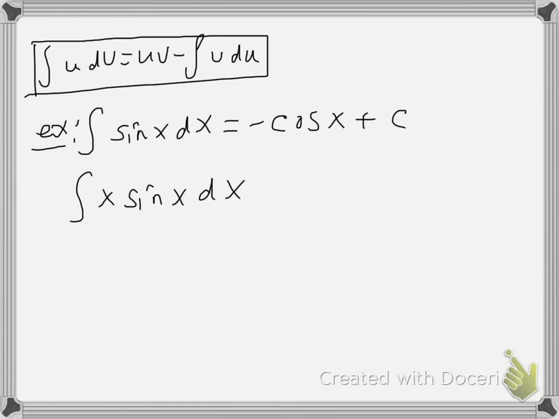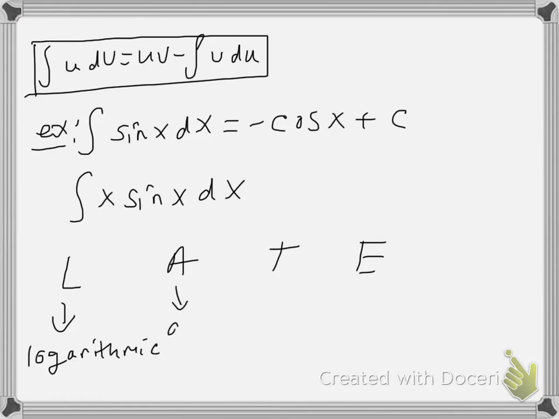Now sometimes it's kind of tricky to figure out what should be your u and what should be dv. But if you remember this, which of course spells the word LATE. L stands for logarithmic. A stands for algebraic.